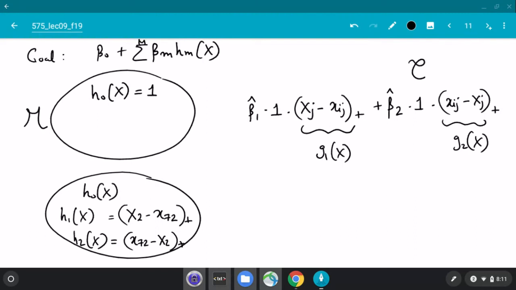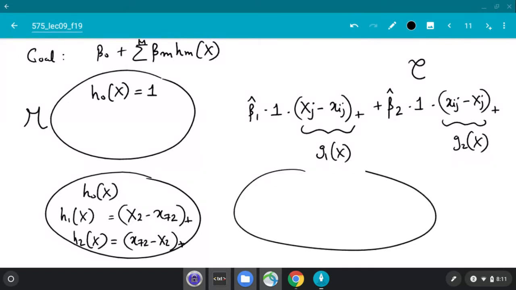For example, let's say my next choice was h1, this hinge function instead of 1, times another hinge function. Let's say that happened to be the best choice. Then the next functions that go in here are going to be that product of two hinge functions. Is that clear?